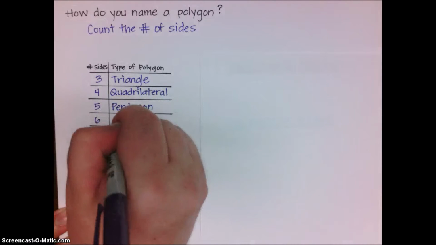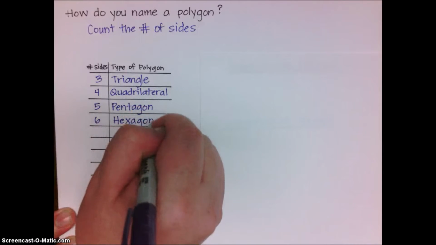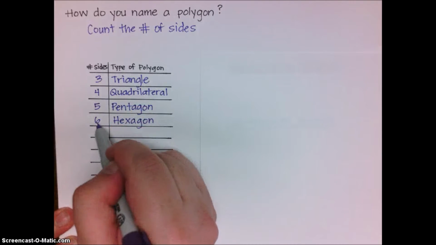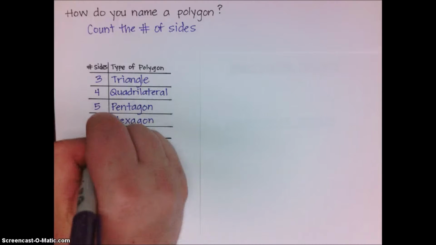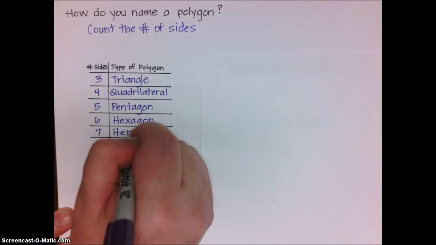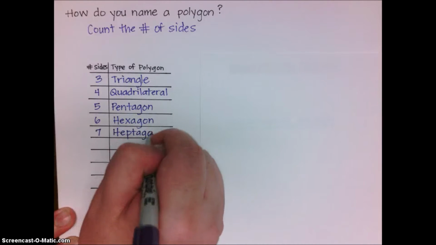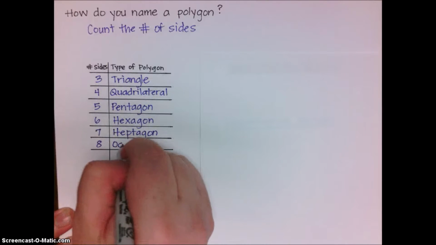A 6-sided polygon is a hexagon. The way that I always remember is 6 has an X in it, and same with hexagon, it has an X. A 7-sided polygon is a heptagon. If it has 8 sides, think of an octopus, it's an octagon.